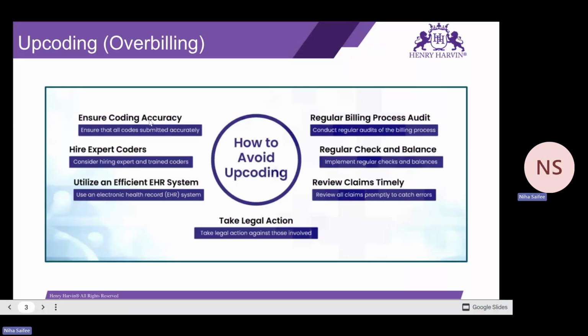Ensuring coding accuracy: the coders need to ensure that they are doing the best in selecting the code, and that can be achieved by having expert coders. Utilize the efficient EHR system. In the previous slide I spoke about how it is not just the medical record that has to be seen and coded. All the attached documents have to be reviewed for selection of a code.